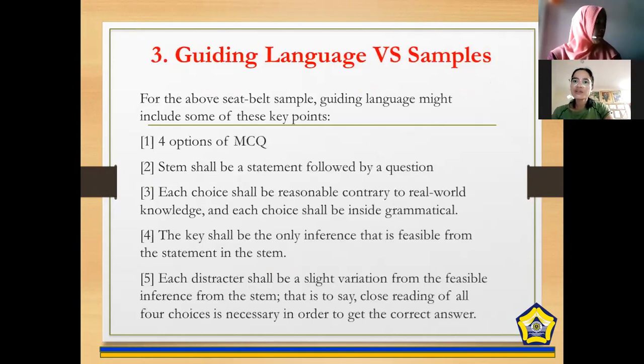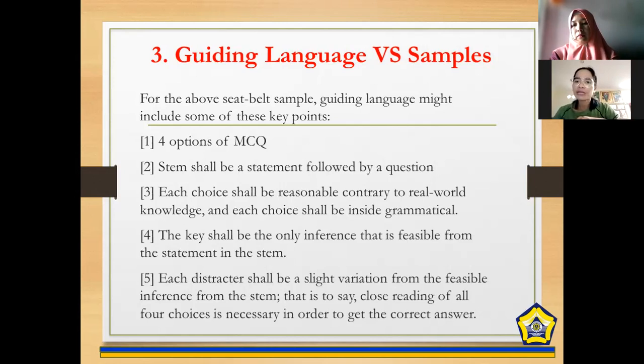Continuing for the above set, a sample guiding language might include some of these key points. The first one is, for MCQ, the second one, the stem should be a statement followed by one question. Third, each choice should be reasonable, not contrary to real-world knowledge, and grammatical. Fourth, the key should be the only inference that is possible from the statement in the stem.